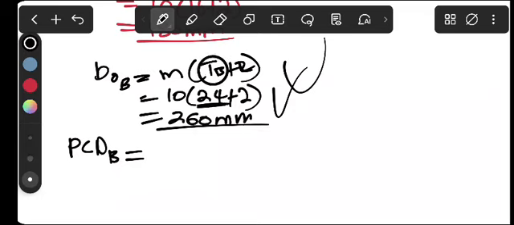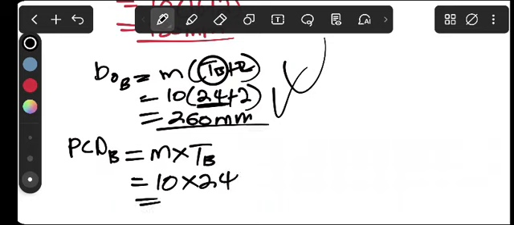So PCD is equal to modulus multiplied by the teeth of the gear wheel. The modulus was 10 multiplied by the teeth, which is 24. You multiply this, it will be 240, obviously millimeter.